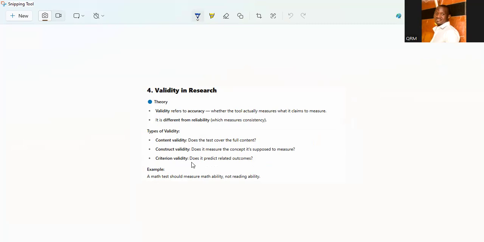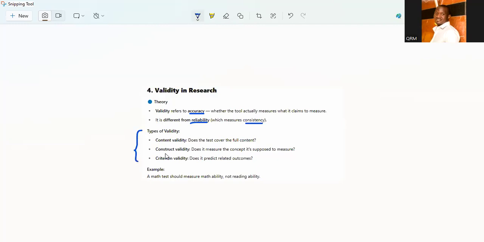We also have criterion validity, which answers the question whether it predicts the related outcomes. So validity is more about measuring accuracy, whether the tool is accurately measuring what it claims to measure. It is different from reliability. Reliability is about consistency.